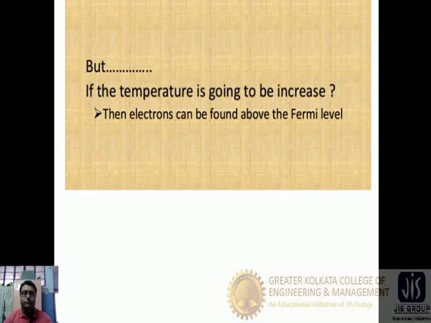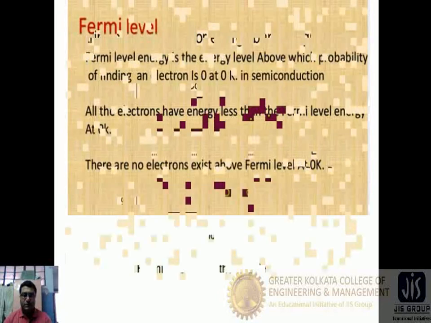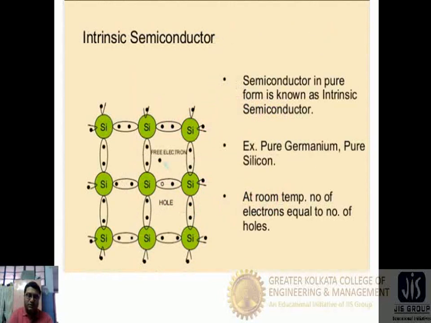That means for 0 degree Kelvin, as we can see in this slide, all the electrons are kept in the covalent bond, so there will be no free electrons.